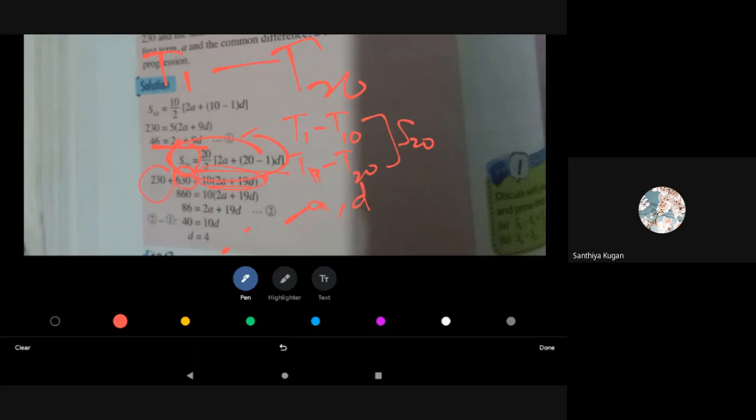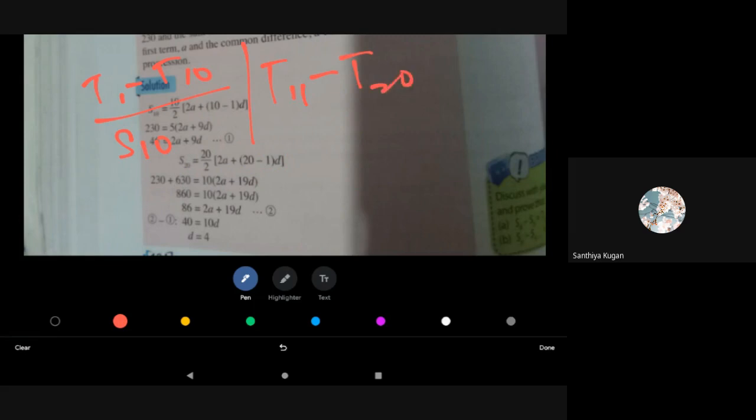If we use 11, 12, look. We have T1 until T10, so this is S10. Then we have T11 until T20.